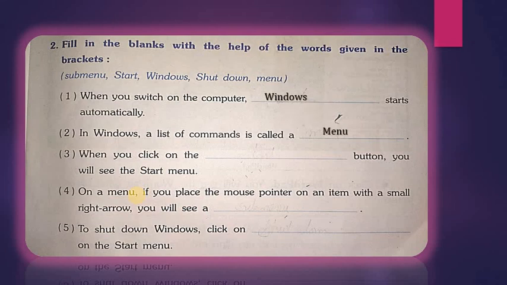In Windows a list of commands is called a menu. When you click on the start button, you can see a start menu. On a menu, if you place the mouse pointer on an item with a small right arrow, you can see a sub menu. To shut down Windows, click on the shutdown to start a new menu.